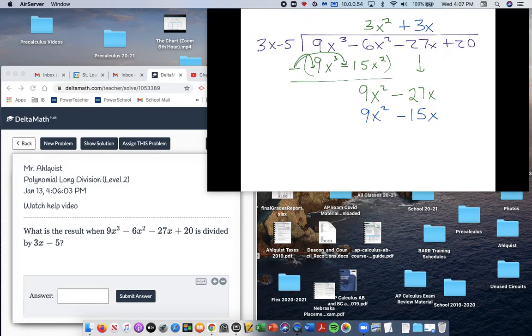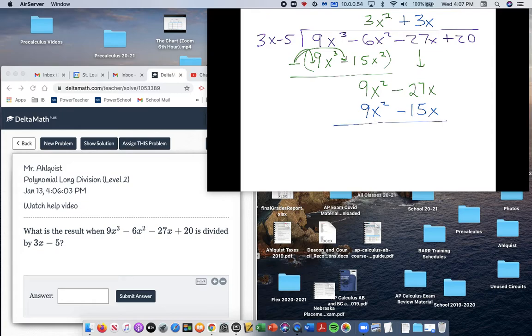Again, if I go through this, subtract, I now have negative 12x plus 20. The last piece would then be, if I multiplied by negative 4, that would make this negative 12x plus 20.